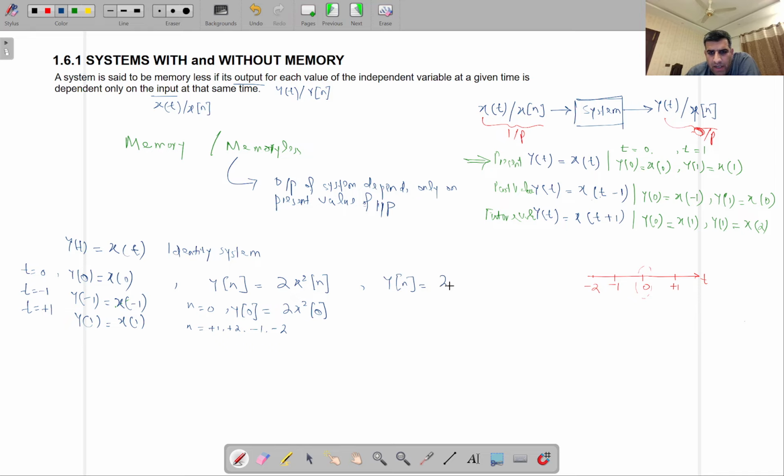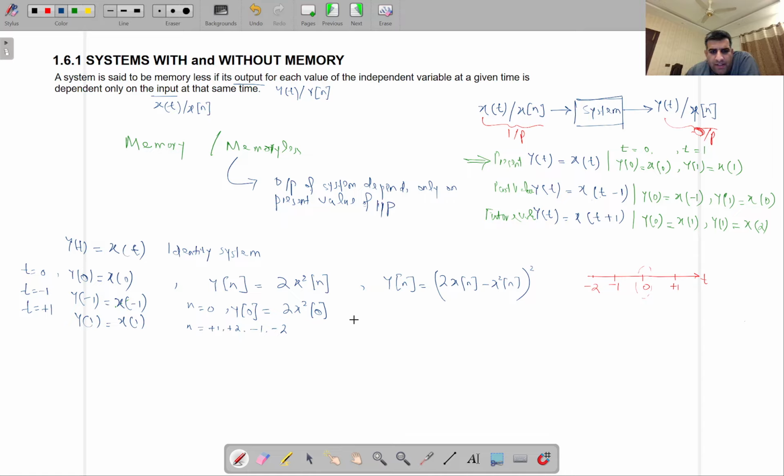Let me write that now. 2 times x of n minus x square n, and then let's take a square of this thing. Again, by substituting a few values you can very quickly see that this particular system is again a memoryless system. So the output at n depends on the input at the same value of n.